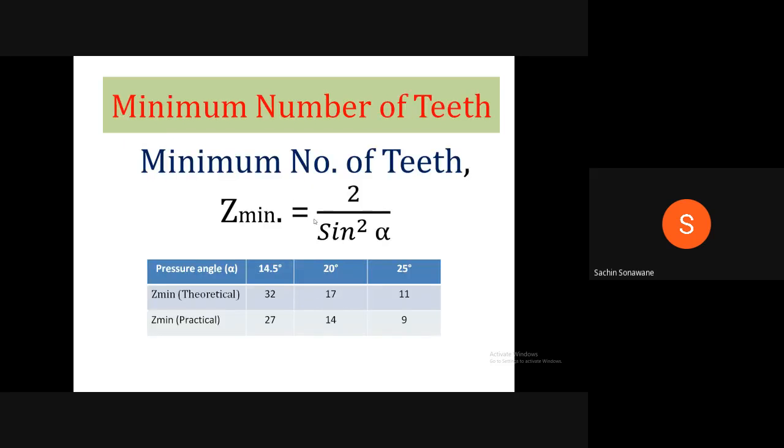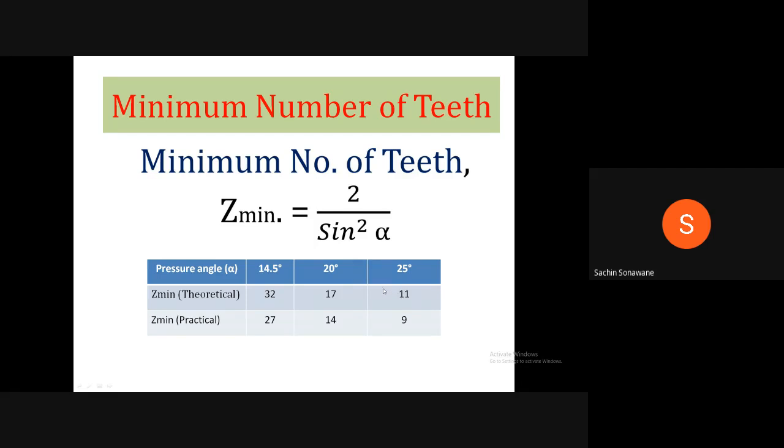Now next point is minimum number of teeth. Z minimum is equal to 2 divided by sine square alpha, where alpha is the pressure angle. Always remember, to manufacture the gears we require some minimum number of teeth according to the pressure angle.